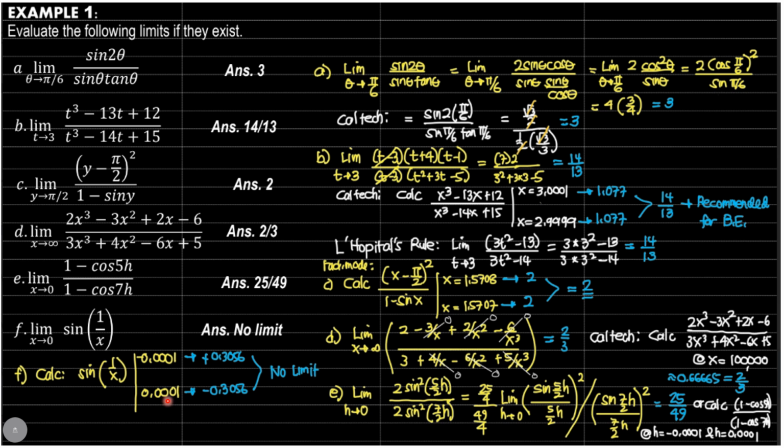At 0.0001, the value is negative 0.3056, because they have different signs. They are not close, and not equal, unlike the preceding calculations where the left-hand and right-hand limits were equal. So therefore, the final answer is the limit does not exist, or we simply say no limit.